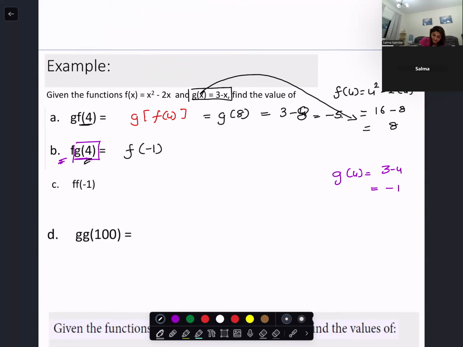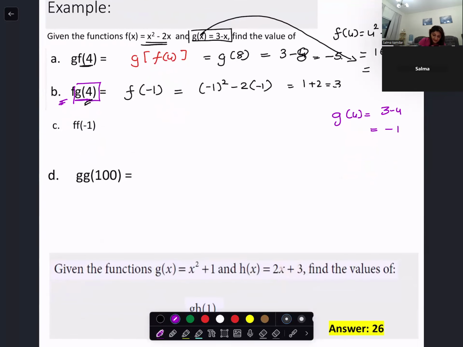Minus 1. Now instead of x, I will put the value of g of 4. So it would be minus 1 the whole squared minus 2 times minus 1. So it would become 1 plus 2, that would be 3.